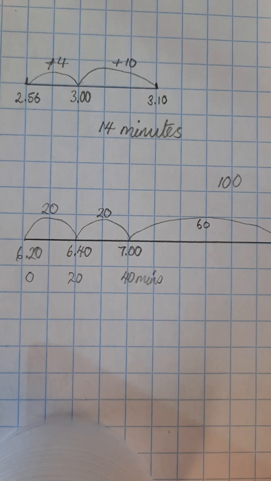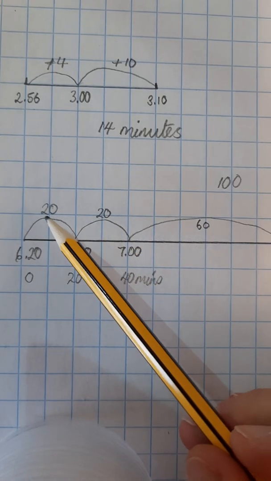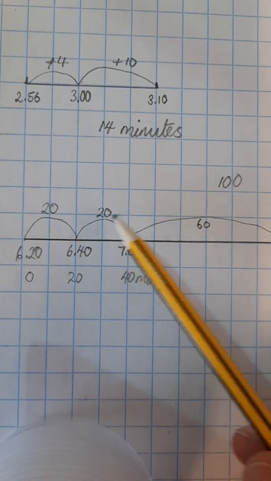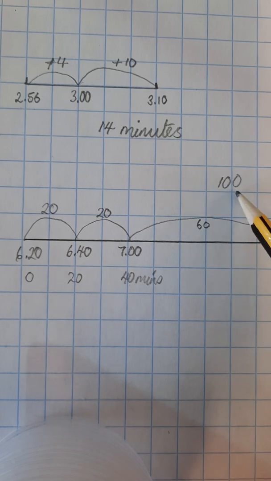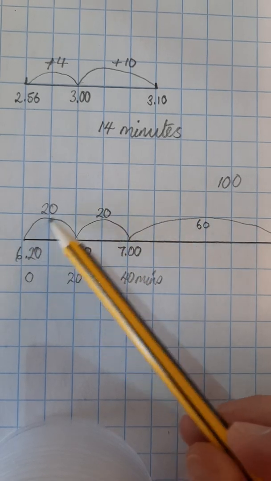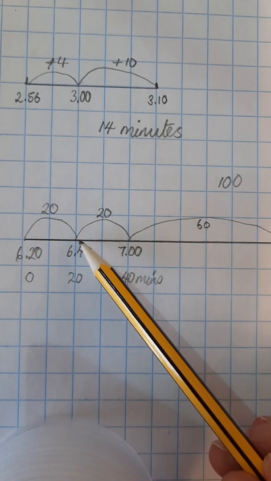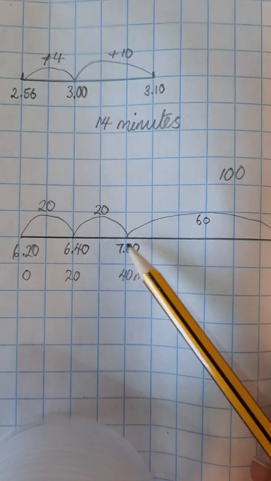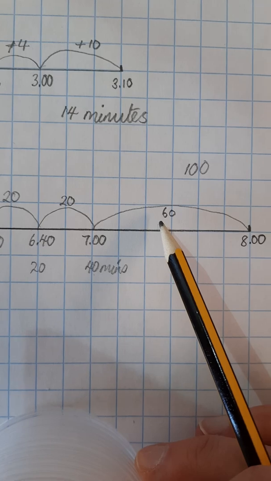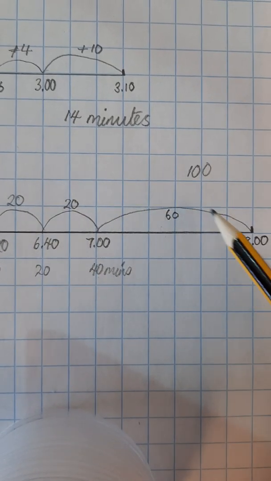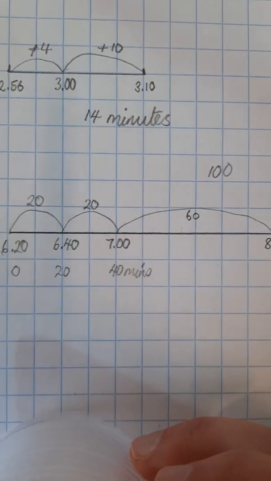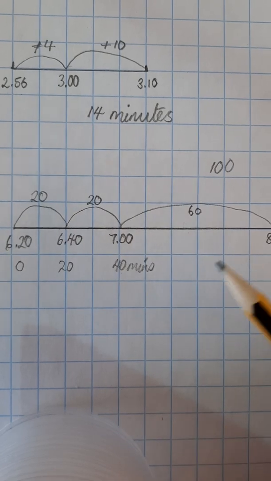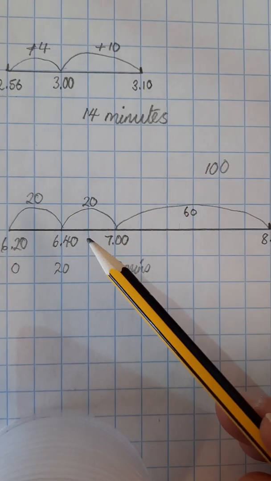Just to double check and make sure, I'm going to add this up. 20 add 20 is 40, 40 add 60 is 100. So 6:20 to 6:40 is add 20, 6:40 to 7 is add 20, 7 to 8 is add 60. So I now know this whole time took 1 hour and 40 minutes.